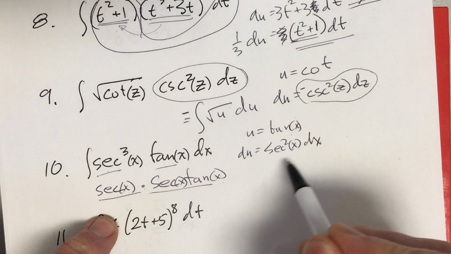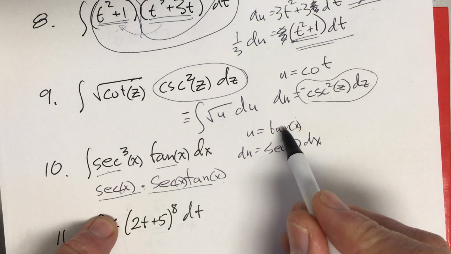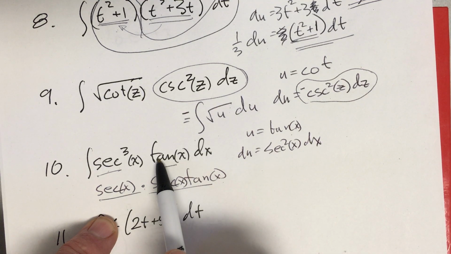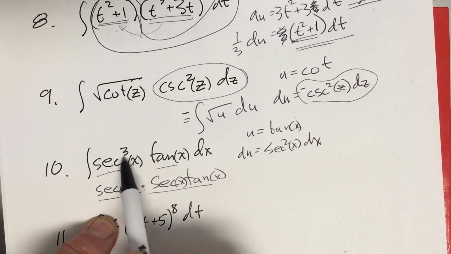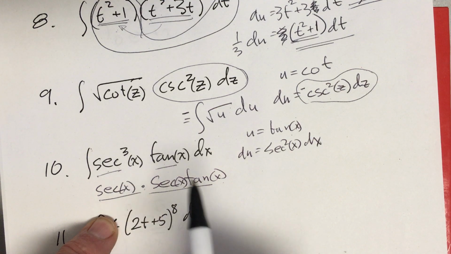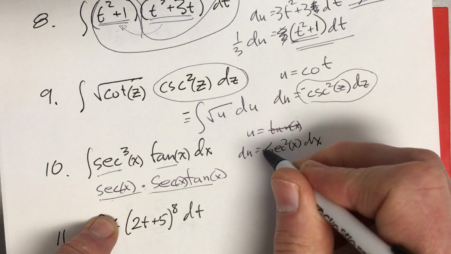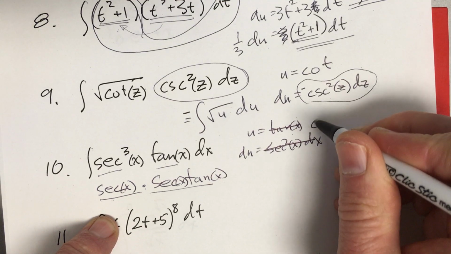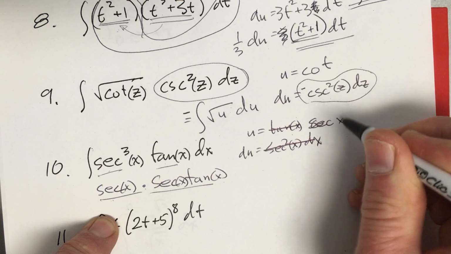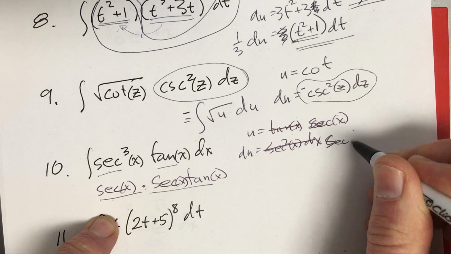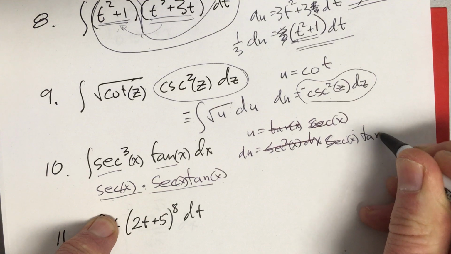So you can see there that if I try to make this substitution, that's not helping me because I put tangent in there, and then I've got secant squared only, so that's going the wrong way. If you really think about what is the derivative of the secant of x, that's secant tangent, secant of x, tan of x.